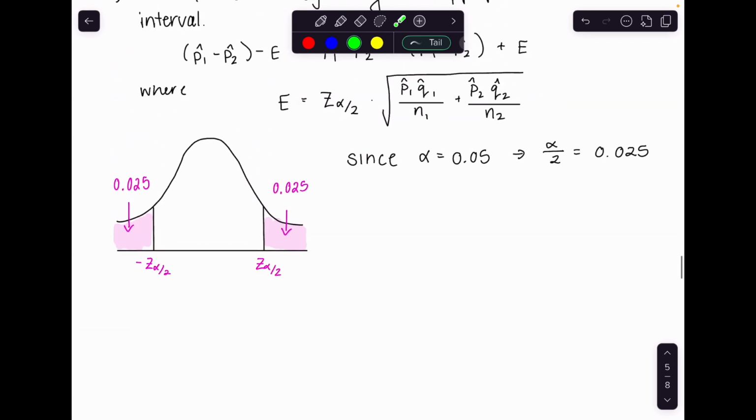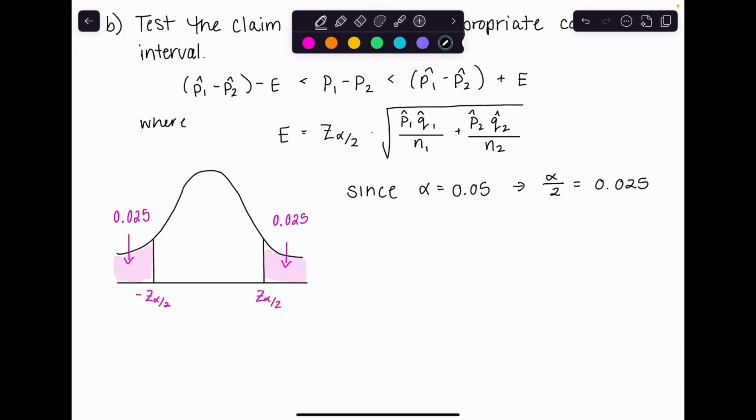So using our table, negative Z alpha over 2 is negative 1.96. So positive Z alpha over 2 is just the positive case of this.